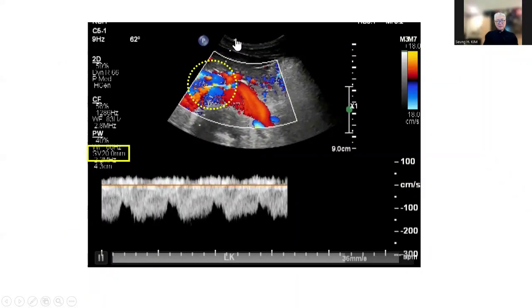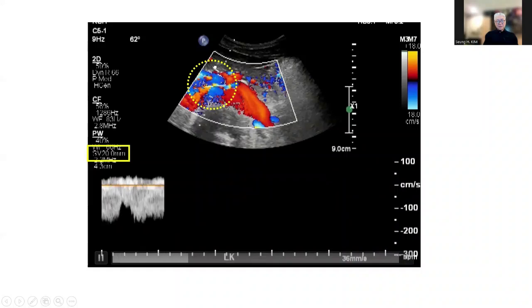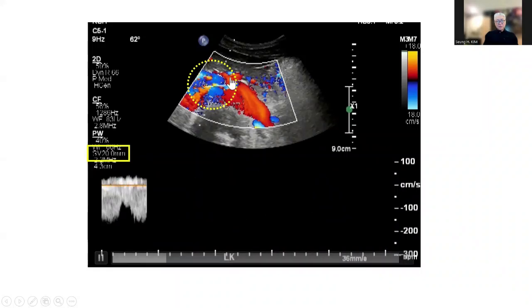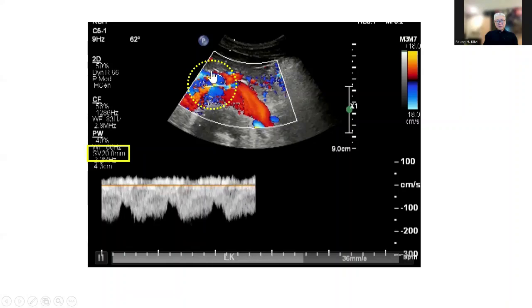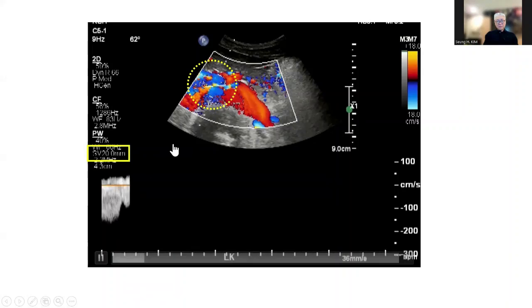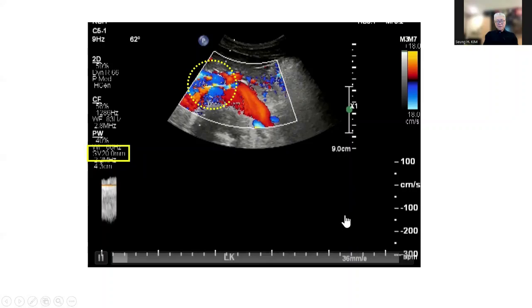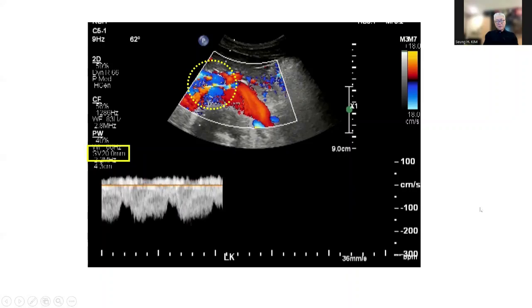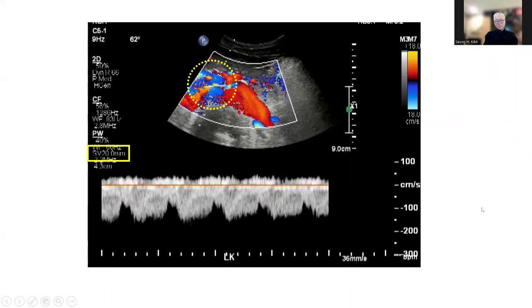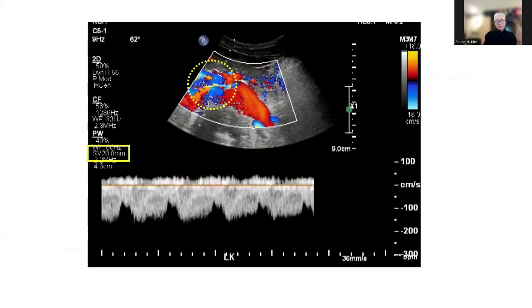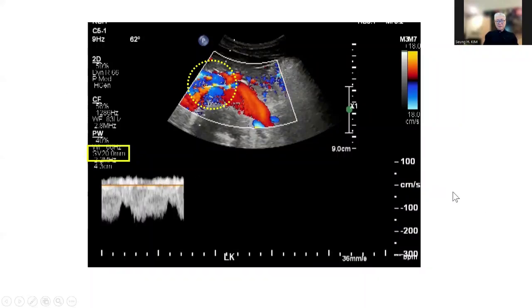So with the region of interest in this corner of the image, with a better Doppler angle and a wide sample volume, we can get a clear Doppler spectrum. So we can overcome the first issue, Doppler angle, and the second issue, sample volume, with this technique.